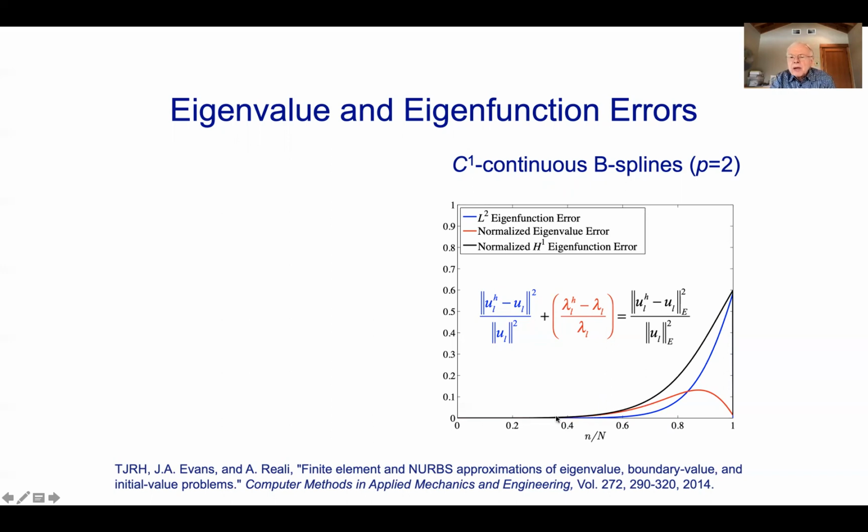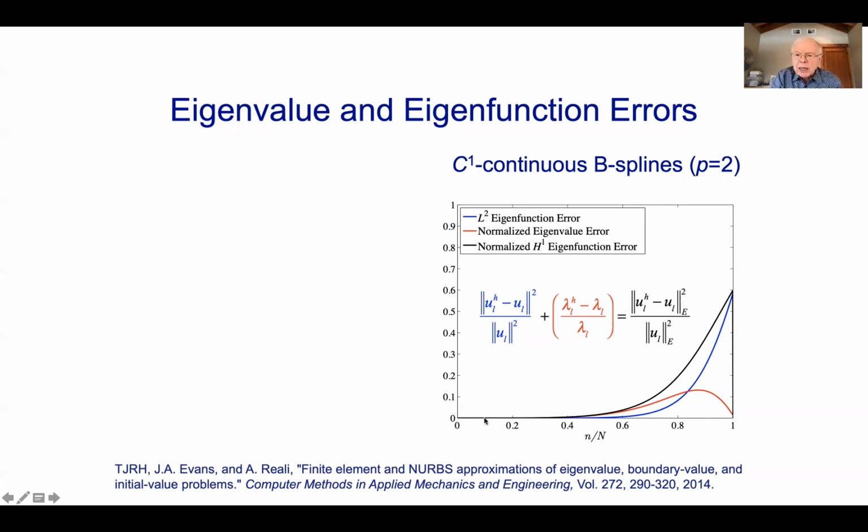But you've got very, very good accuracy, at least from a plot standpoint, up to about 0.4 for these quadratic B-splines. And everything's color coordinated, so you can see this is the L2 error squared in the mode. This is the eigenvalue error in red, and then the sum is the square of the energy norm error. Okay, so that's your entire spectral content.